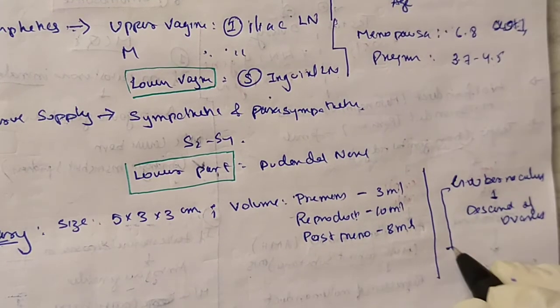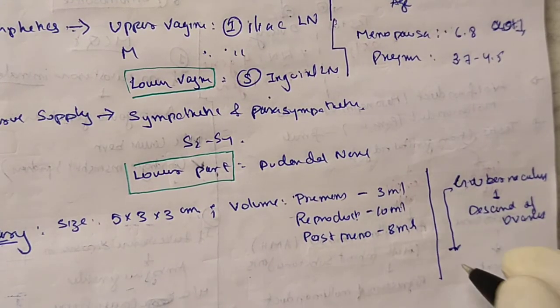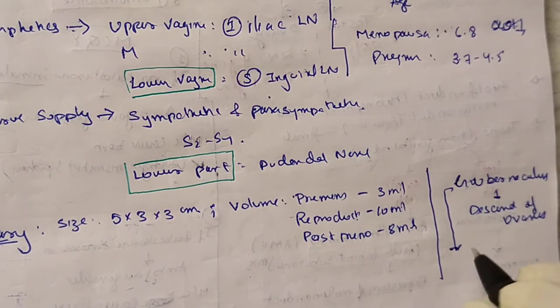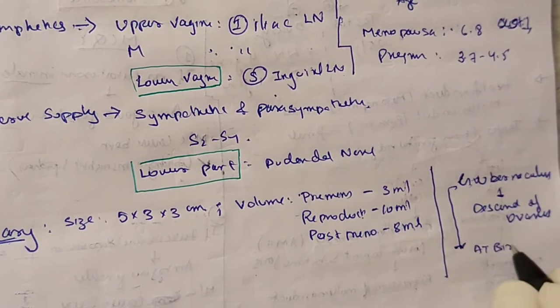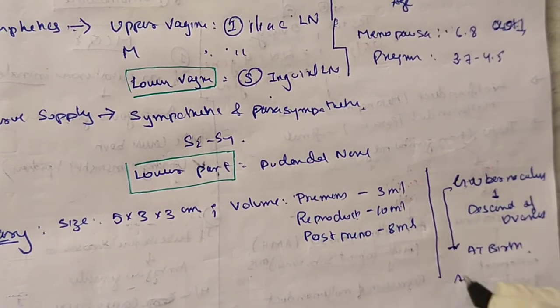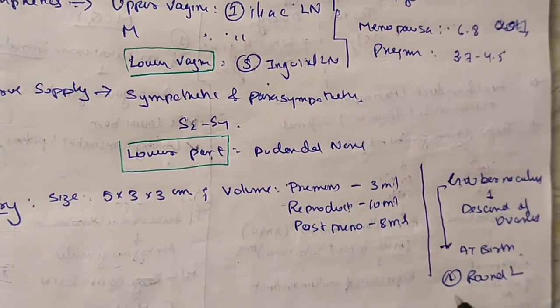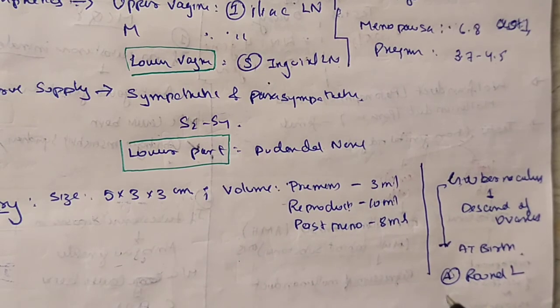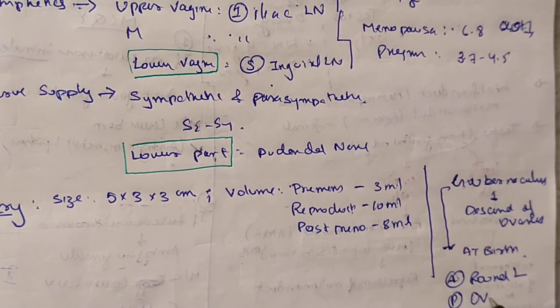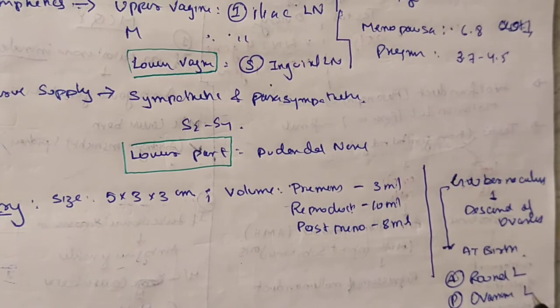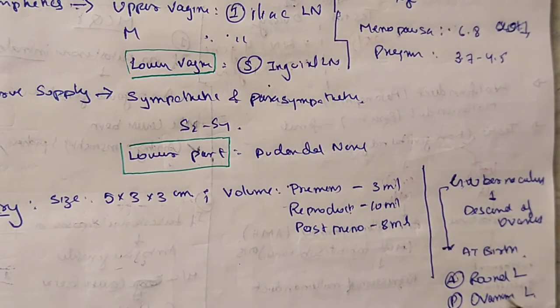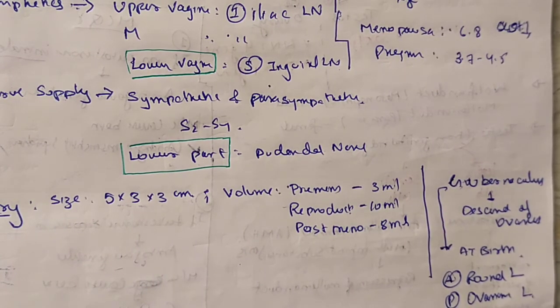This is in the intrauterine life, and at birth it converts to anteriorly round ligament and posteriorly ovarian ligament. So you know the origin of round ligament and ovarian ligament, that is from gubernaculum.